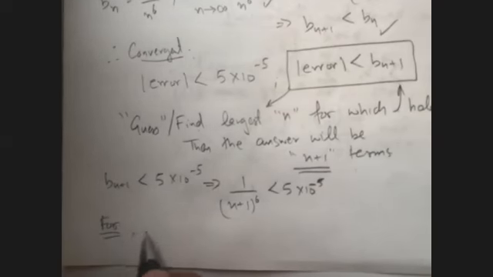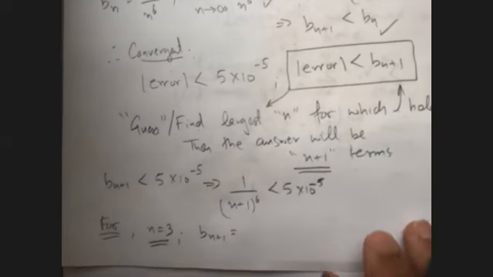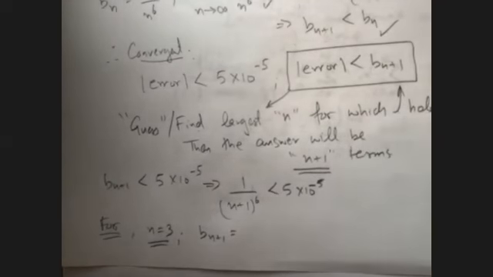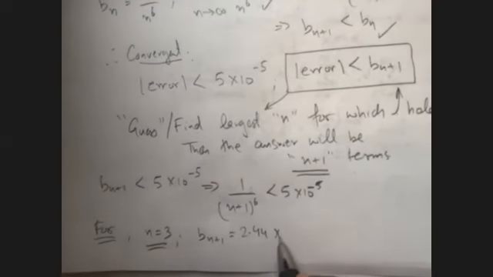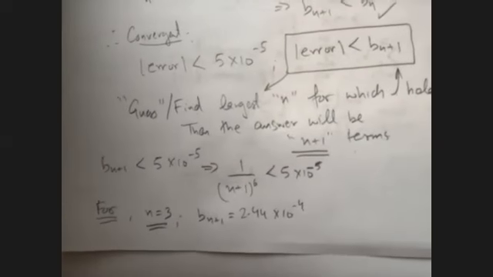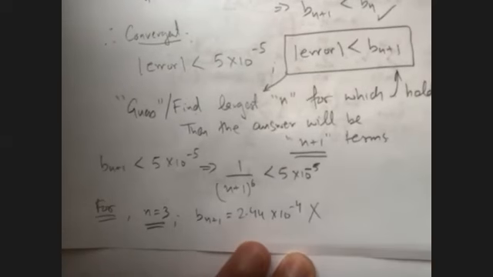Say for n equals 3, Bn plus 1 we get is this, so this does not work.